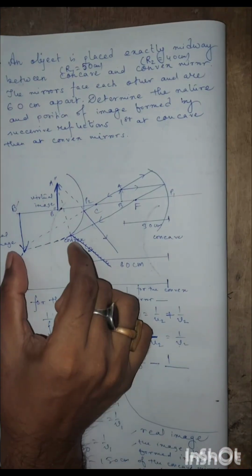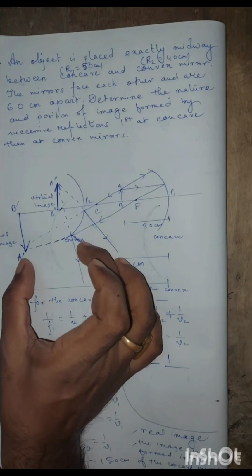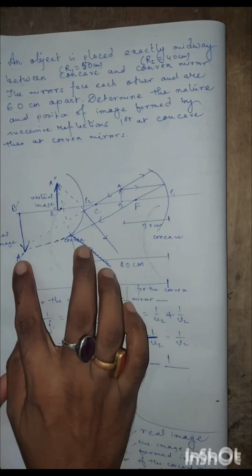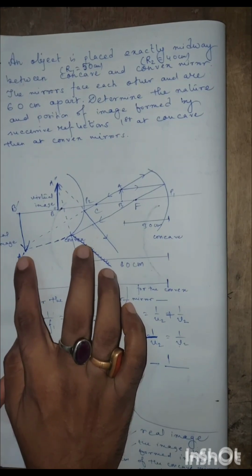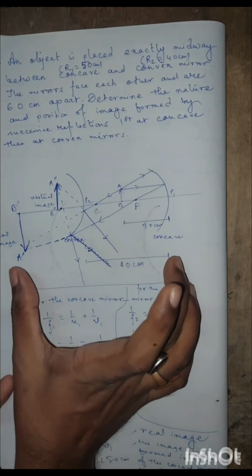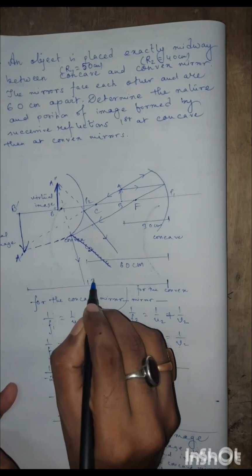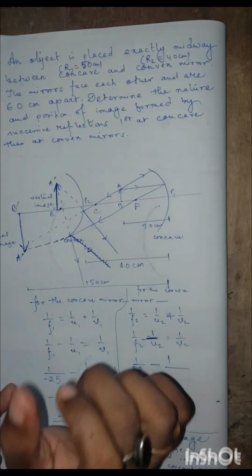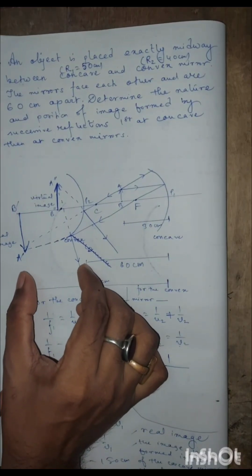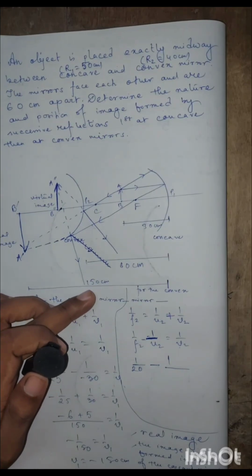This is our object distance for the second reflection. This object distance is 150 centimeter minus 60 centimeter. So 150 minus 60, that means 90.